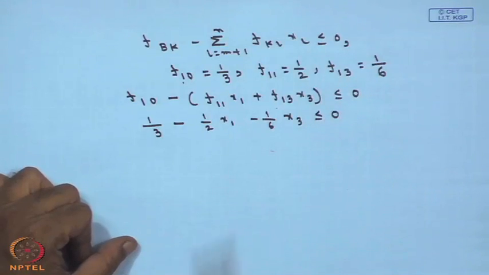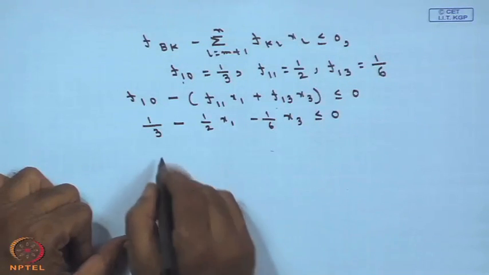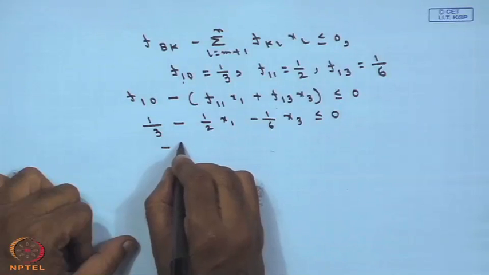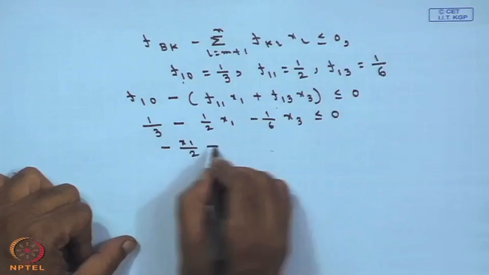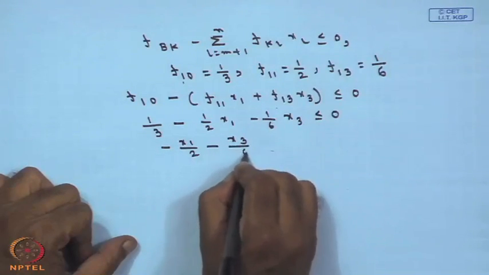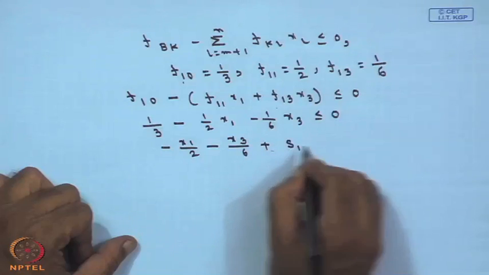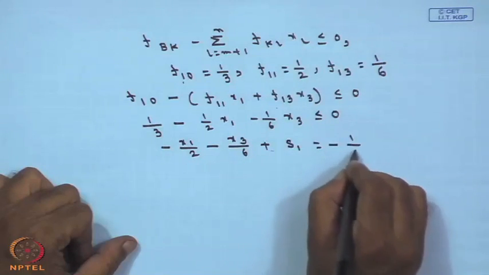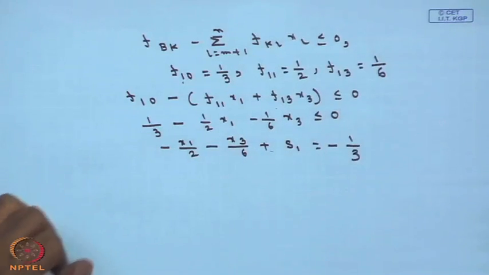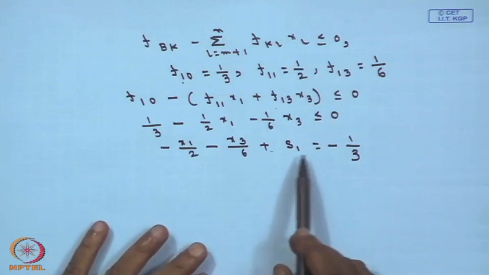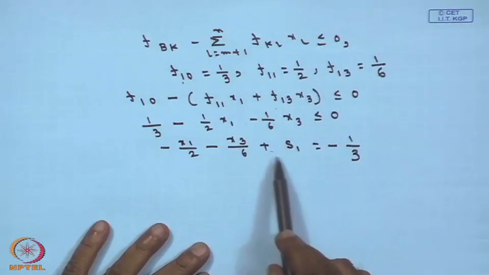Now, introduce the Gomory slack variable or the Gomory cut, and you can write it as minus x 1 by 2 minus x 3 by 6 plus s 1 equals minus 1/3, that is going on that side. Where your s 1 is the Gomory slack variable.